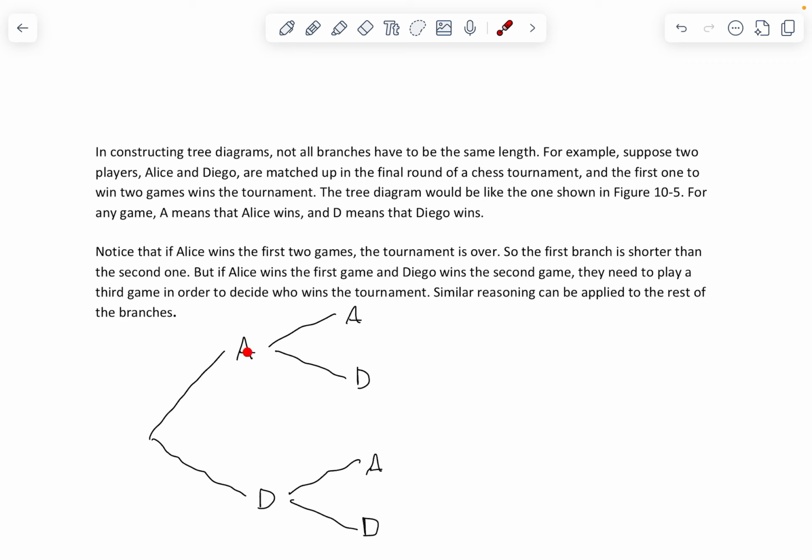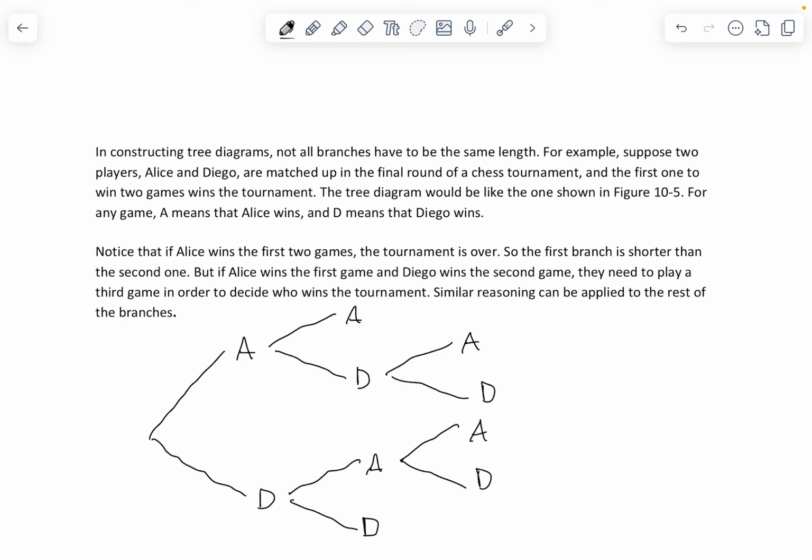But if Alice wins the first game and Diego wins the second game, then they have to play a third game as a tiebreaker, right? So here's this. And then similarly, if Diego wins the first game and the second game, the tournament is over. But if Diego wins the first game and Alice wins the second game, then they have to have a tiebreaker round. Right? So not all the branches are the same length in this tree diagram.